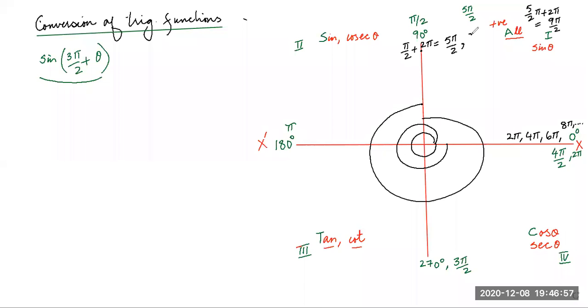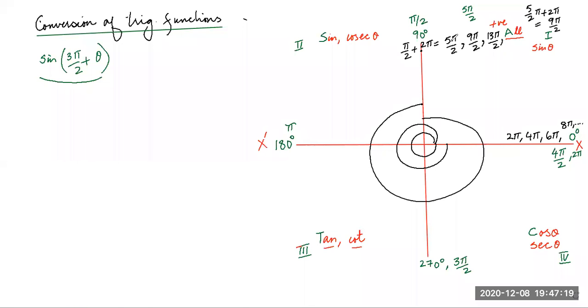So all these angles are on the y-axis. Which all? 5 pi by 2, then 9 pi by 2. Then what will be the next angle, students? 13 pi by 2. This is a simple arithmetic progression.